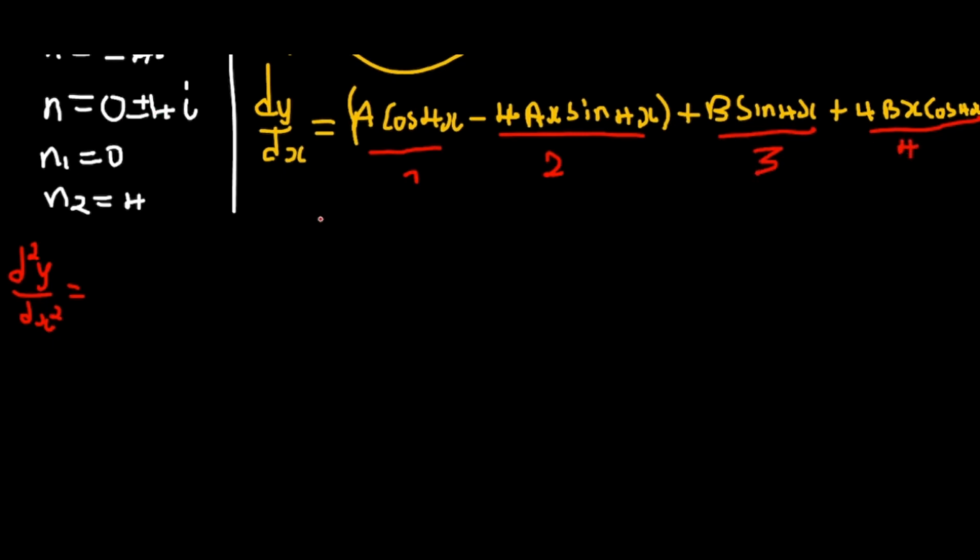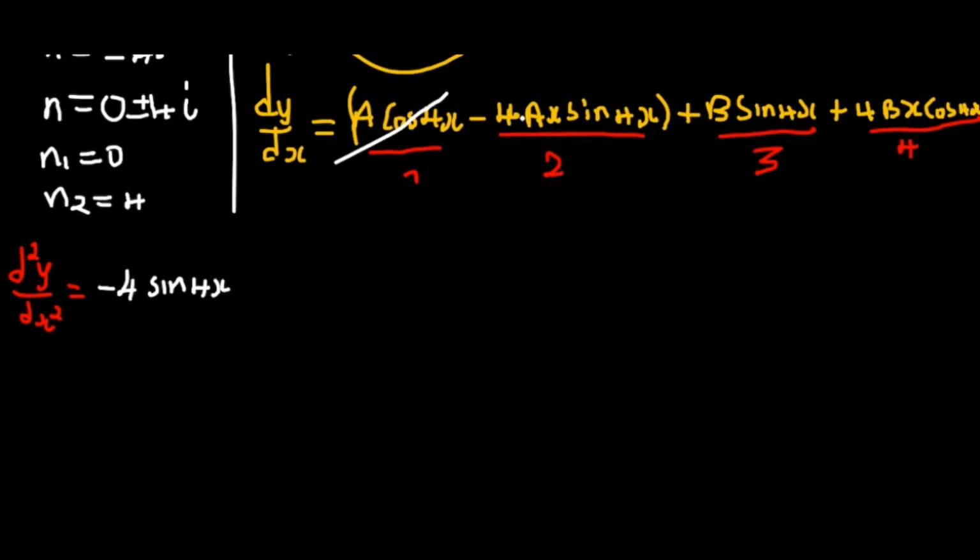Looking at the first one, when we differentiate cos we have negative sine, and since it's 4x, we have minus 4 sine 4x. So we are done with 1.